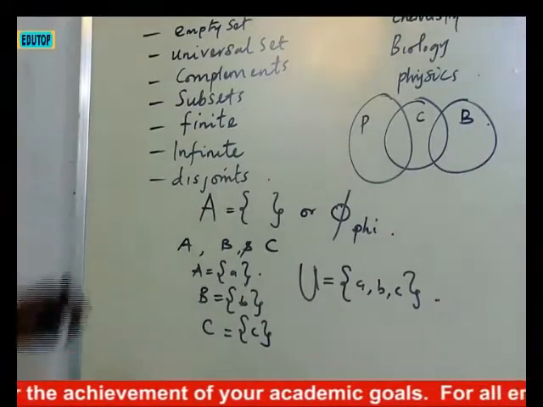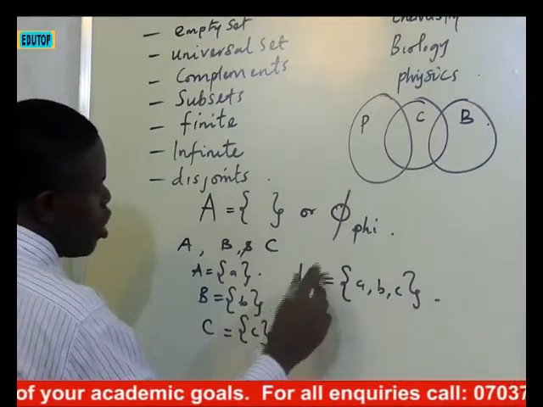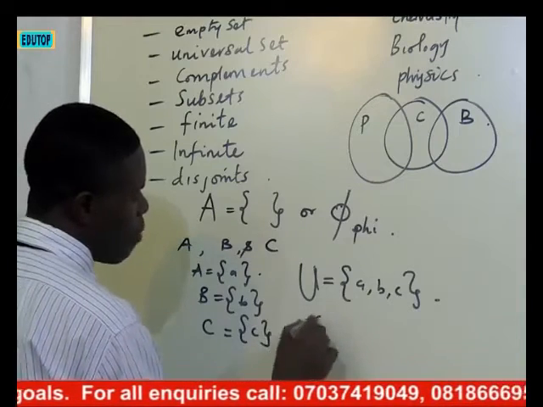Then let's talk about complements of a set. Let's say we have the universal set, for example, as this. I want to talk about A complement.